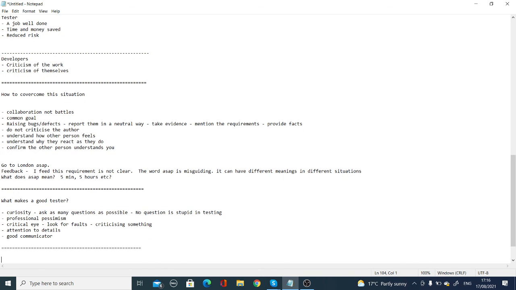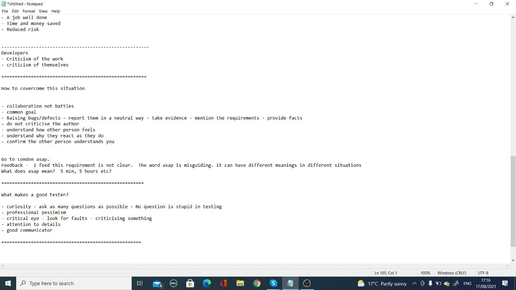Good communicator doesn't mean that you should be able to speak fluent English like the British people do. If you are in the UK, that's what I'm getting at. Good communicator means whatever information you need to pass, you should be able to pass without any ambiguity. That is known as a good communicator. Speak straight, point to point.